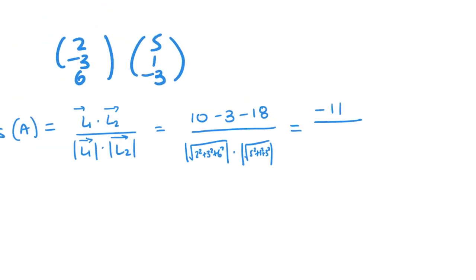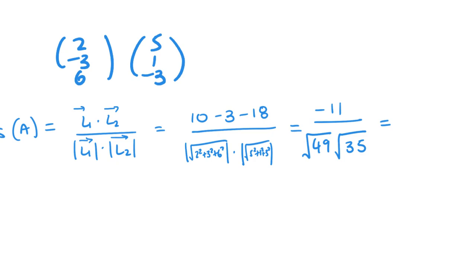We're going to have 4 plus 9 plus 36, and if you're putting this into your calculator and you're not getting root 49, I can imagine it's because you've done 2 squared minus 3 squared plus 6 squared, okay? Your calculator, if you don't put brackets here, will take that as minus 9. Please be careful. We should all know this now, though. You've had a calculator long enough. So 25 plus 1 plus 9, and then we're going to get root 35, okay?